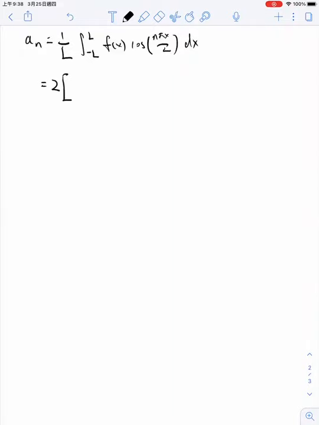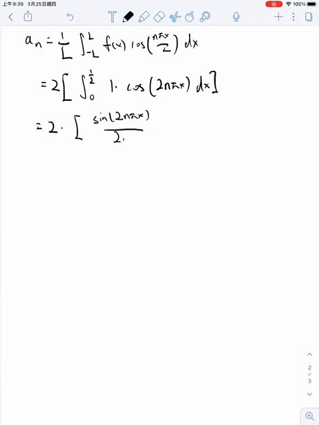And again, because we only need to integrate half of it, and the other half is 0, you will get 1 over n pi times sine n pi.